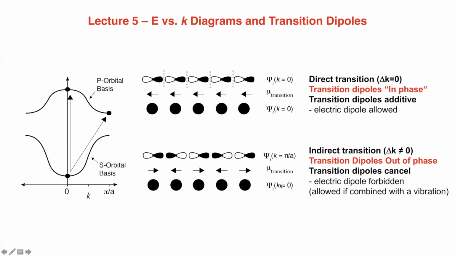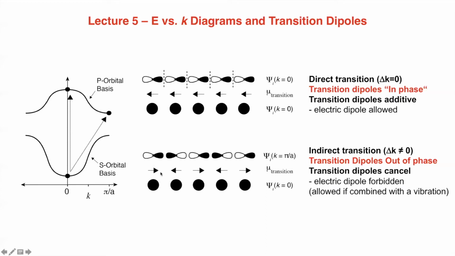Now in this transition, the k equals 0 to k equals pi over a, you can see that the transition dipole moments of this combination is actually anti-parallel to this combination. Boy, I got the signs of these guys wrong. So this should be pointing left, and this should be pointing right, and this should be pointing left, and this should be pointing right, and this should be pointing left.